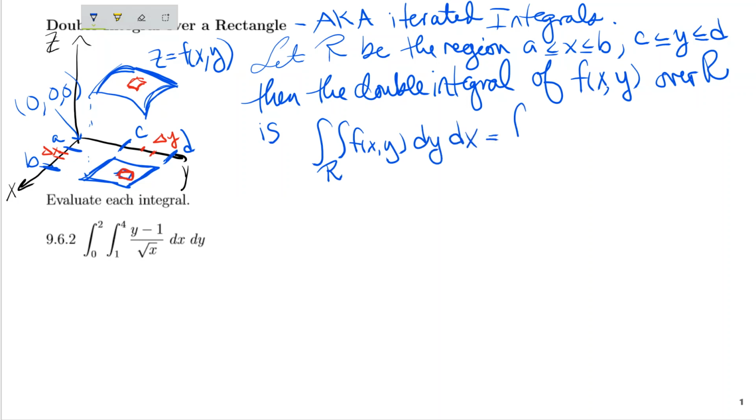If I'm going for y first, then it goes from c to d and then a to b.